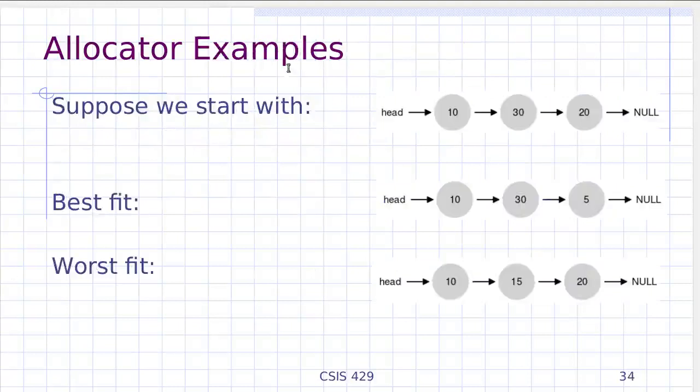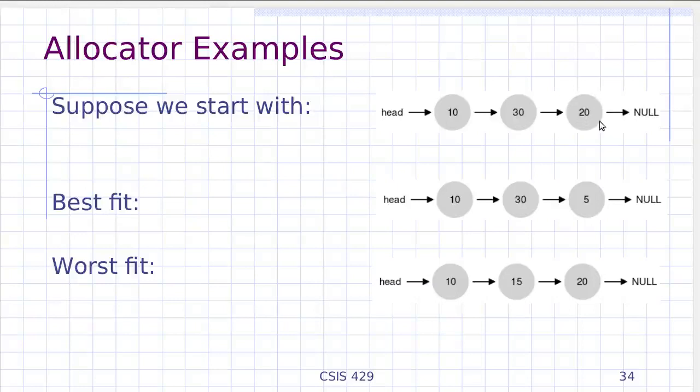Here's an example. Suppose we start with this linked list, with 3 nodes in the free list. These are just the sizes: 10 units of space, 30 units of space, and 20 units of space. This doesn't tell you where the address is, it's not important.